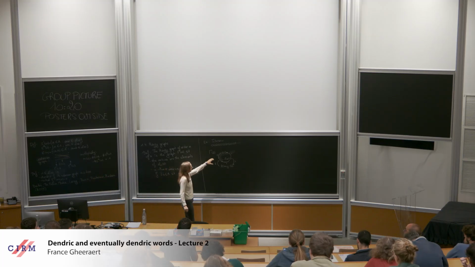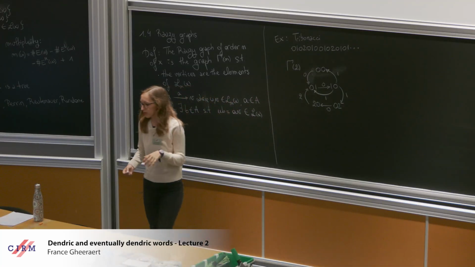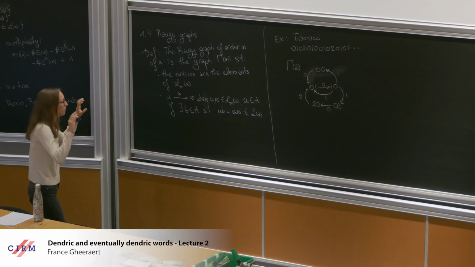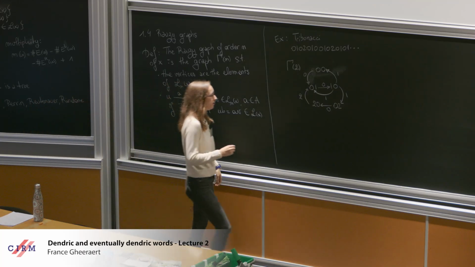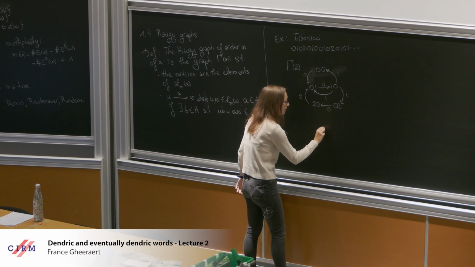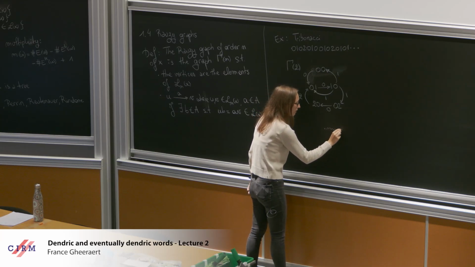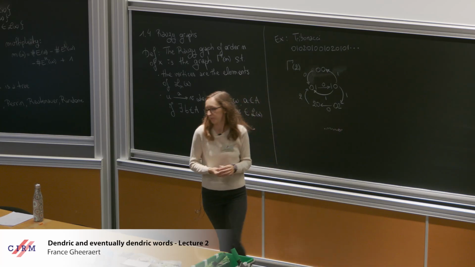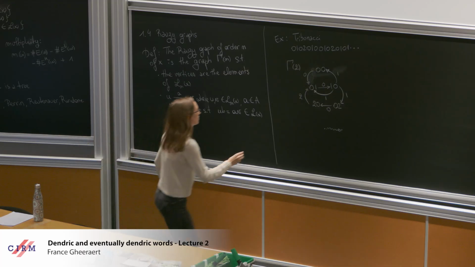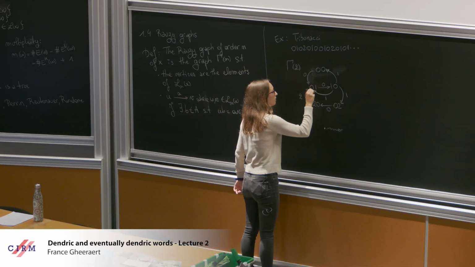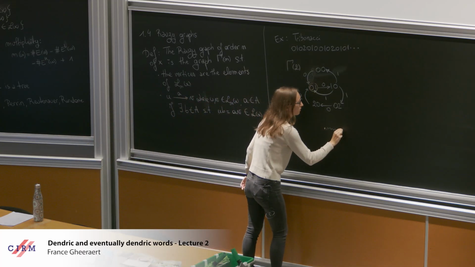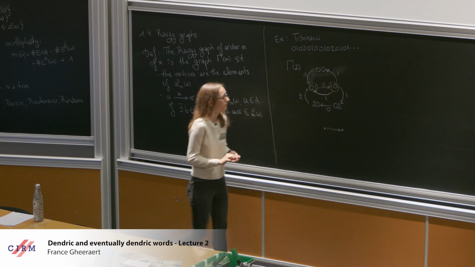Now, if you look at this graph, you can sort of summarize the information it contains by saying that essentially what you have is two vertices here, some path connecting them. So these two vertices will be these two. Right?